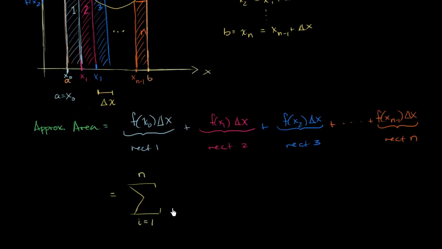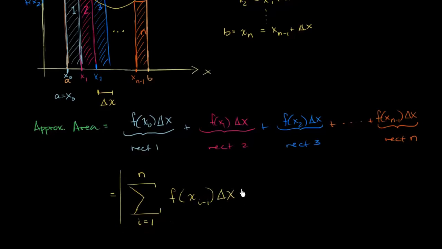And then we're going to look at each rectangle. So if we're in the ith rectangle, then the left boundary is going to be x sub i minus 1, and we take f of that times delta x.